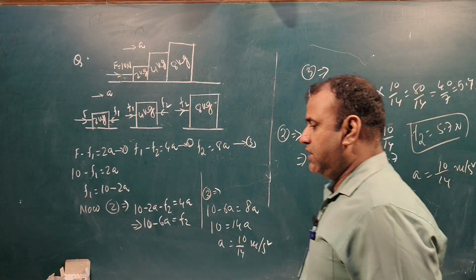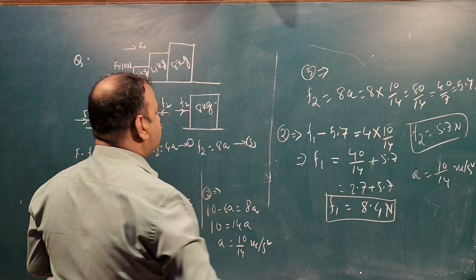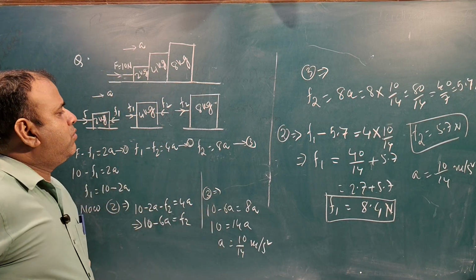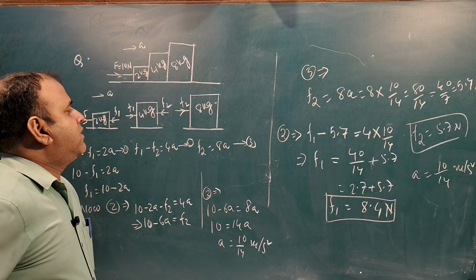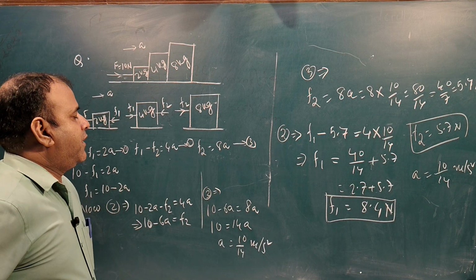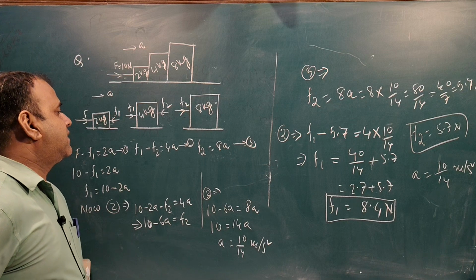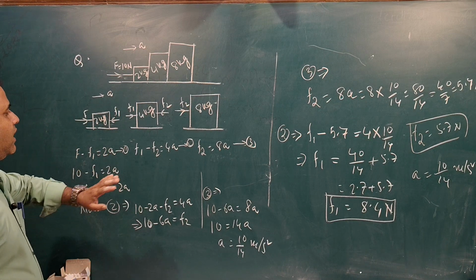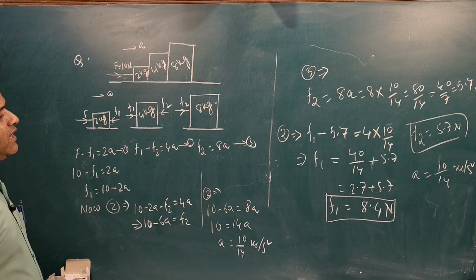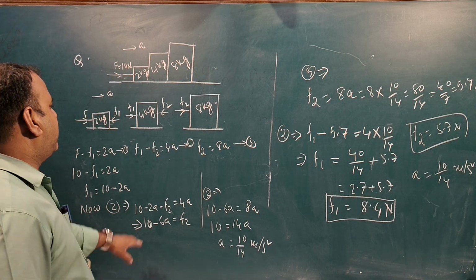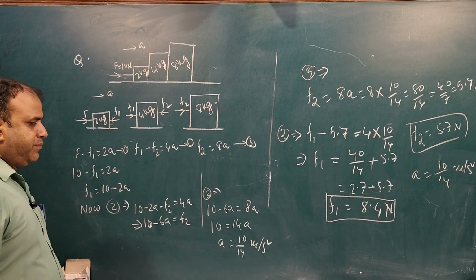So using such a process, you can easily find, according to our questions, if the frictional force or contact force is given between the objects, then using this formula you can easily solve. This is a basic formula, basic idea.